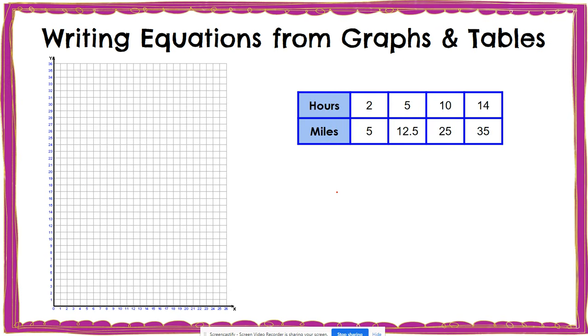Now let's look at this situation. This is comparing hours to miles, and I can graph this on my graph. I know that 2 hours is traveled in 5 miles, so this would be my x values, and these would be my y values. So I'm going to go to 2 for my x, and then I'm going to go up to 5 for y.